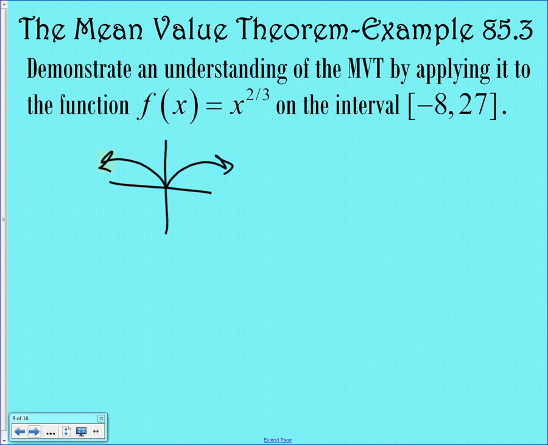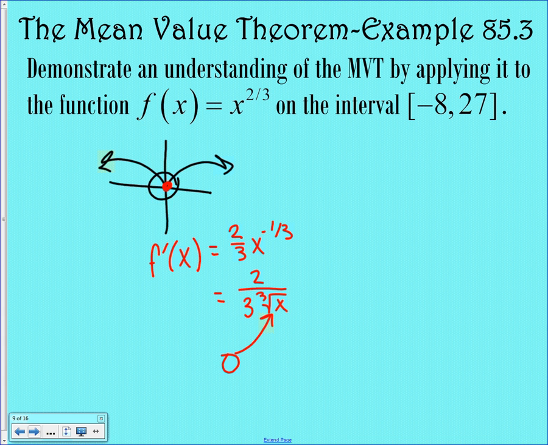However, if you try to take the derivative of it, you will not be able to take the derivative here. And the way you can confirm that is by actually taking the derivative. And if you rewrite it, you have 2 over 3 and the cube root of x. This does not work when x equals 0. It does not exist. And you can't take the derivative of this at 0. It's not differentiable at a sharp point.